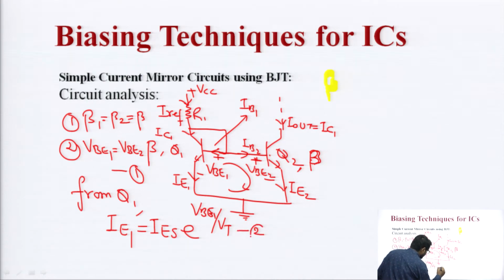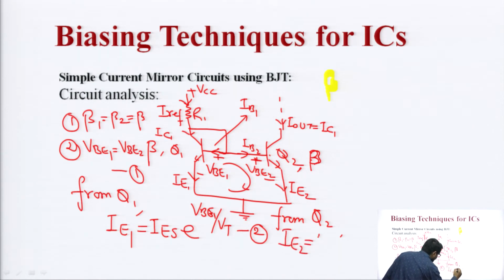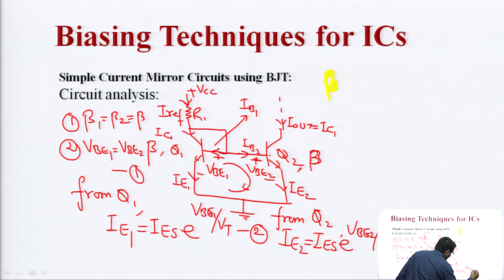This is equation 2, and from Q2, IE2 is IES e to the power VB2 divided by VT. That is equation 3.